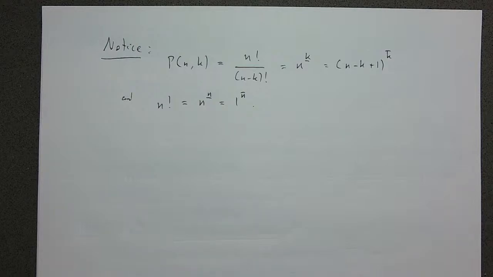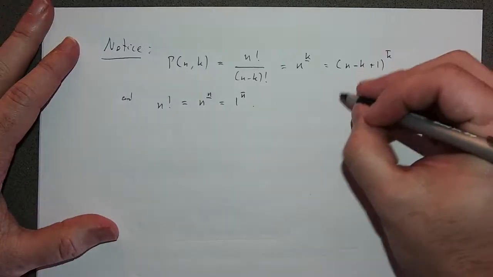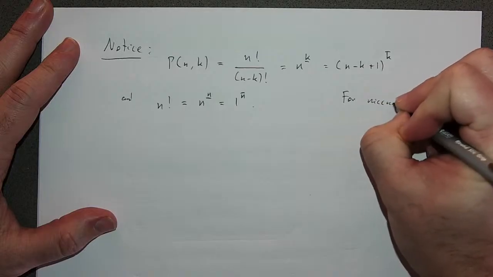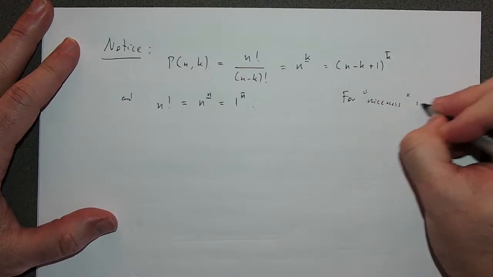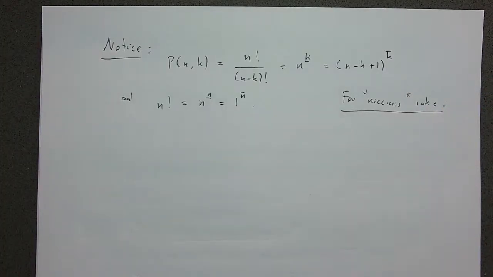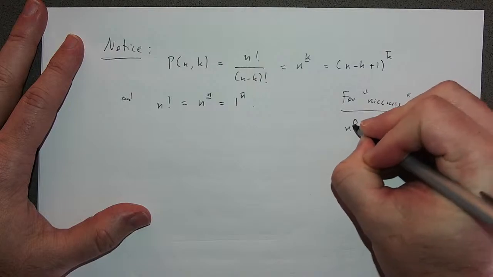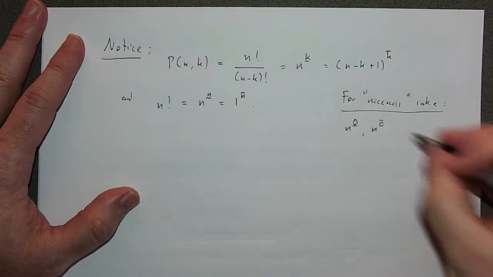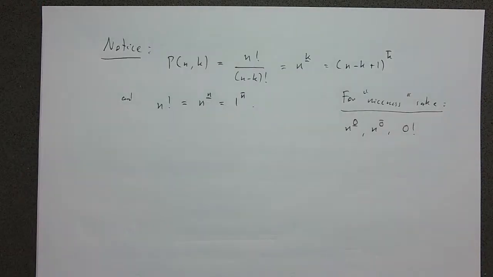Anyway, of course, just as the empty product is taken to have value 1, there are reasons, for niceness's sake, if you've never seen this before, that the expressions n to the 0 falling, n to the 0 rising, 0 factorial, all of these are products having no terms.